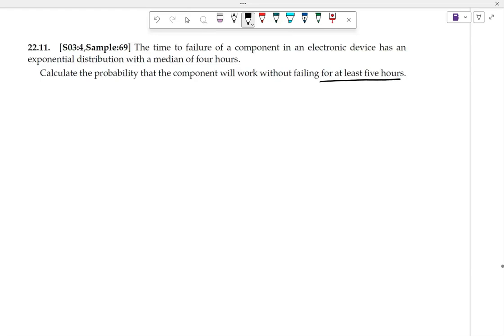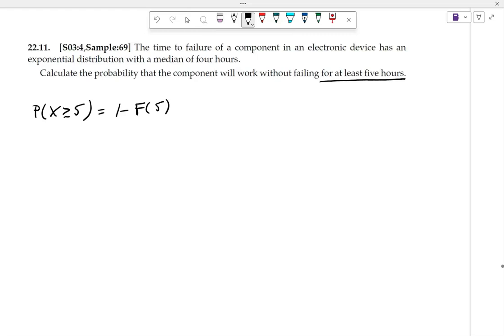Well, the "for at least 5 hours" tells us that we want the probability that X is greater than or equal to 5, right? We agree with that part? We would write this in terms of the complement and then use the CDF part. So we'd have 1 minus F of 5. That part's just like the other parts we did before, isn't it? Not any different.